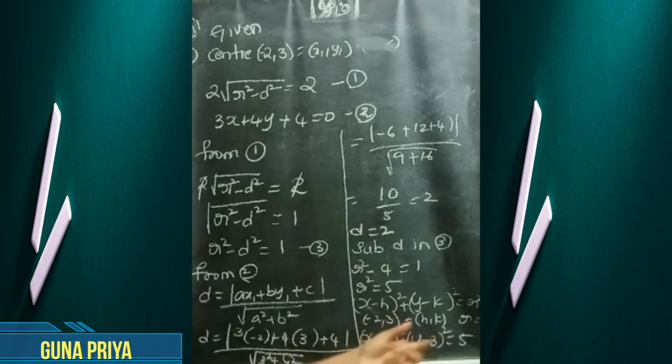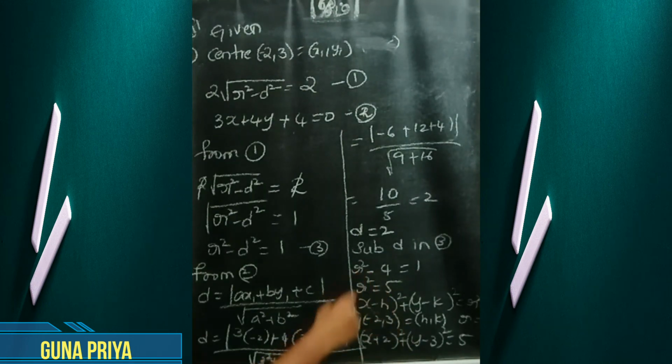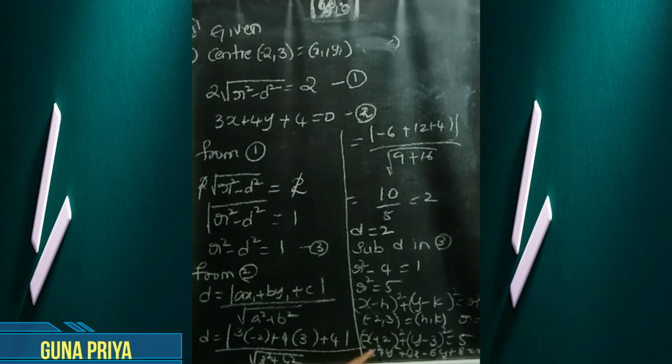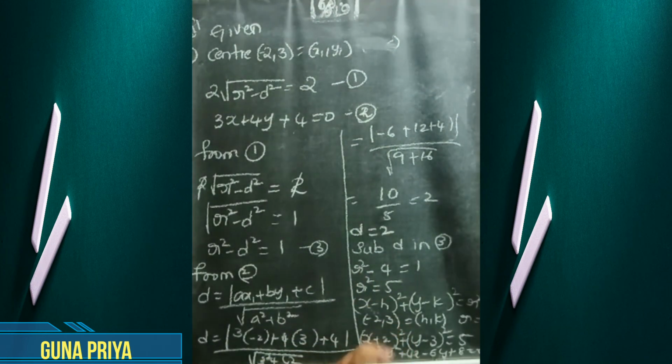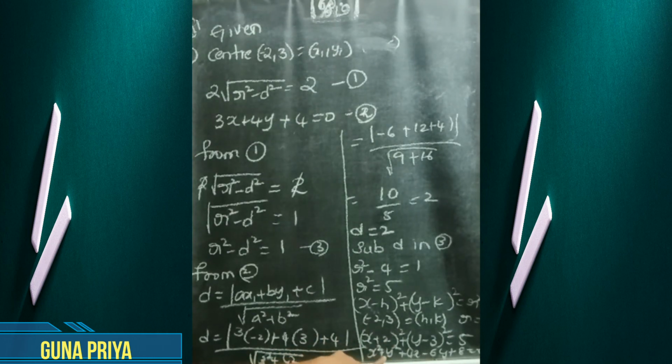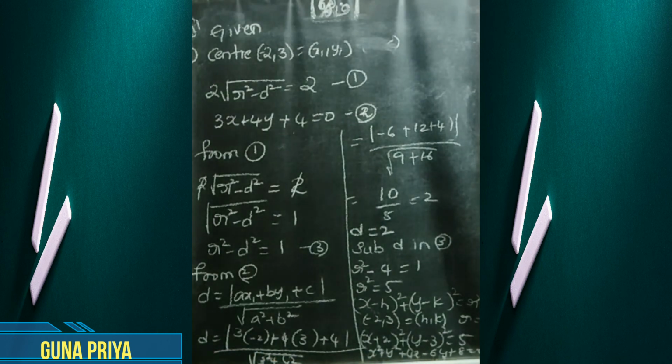Don't write 5 square; here r square is 5. Now simplify this, and you will get x square plus y square plus 4x minus 6y plus 8 equals 0.